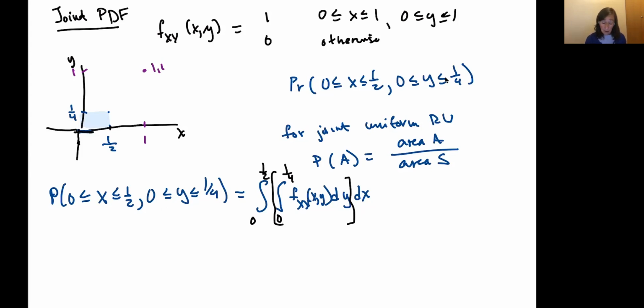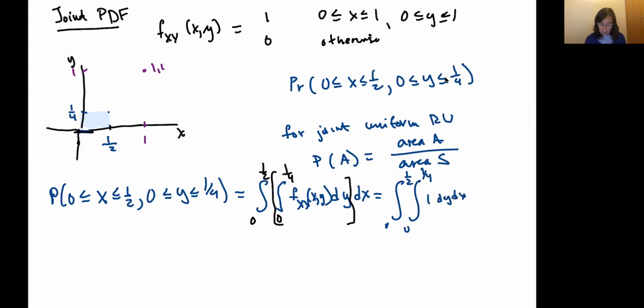And then we just do them in order. The integral from 0 to 1/2, 0 to 1/4. My PDF is just 1. So 1 times dy dx.